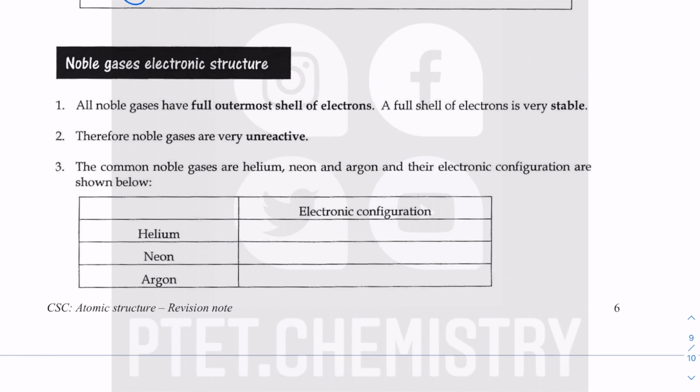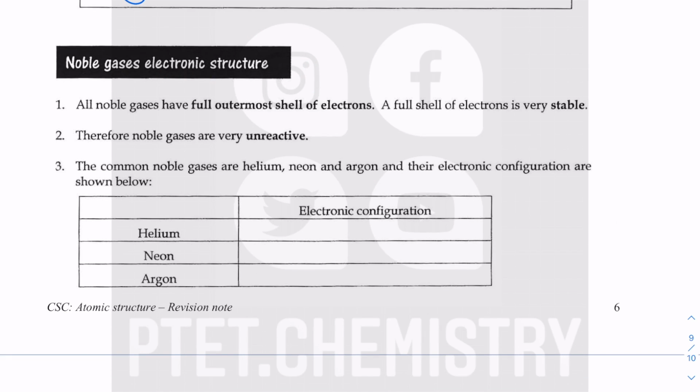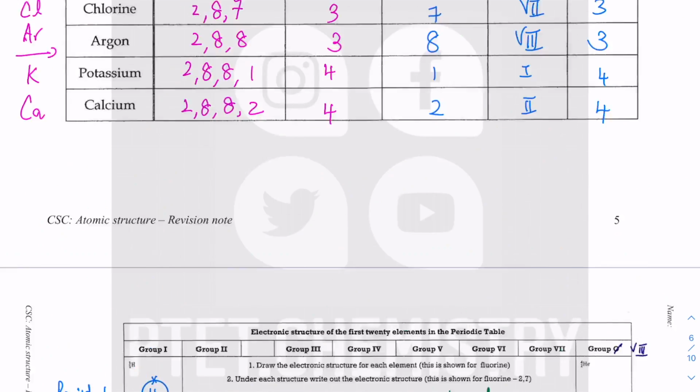Alright. Finally, noble gases electronic structure. All noble gases have a full outermost shell of electrons, or you can say a full valence shell. Full valence shell means the outermost shell is fully filled with electrons. And remember the first shell can only accommodate 2 electrons, as we saw previously.